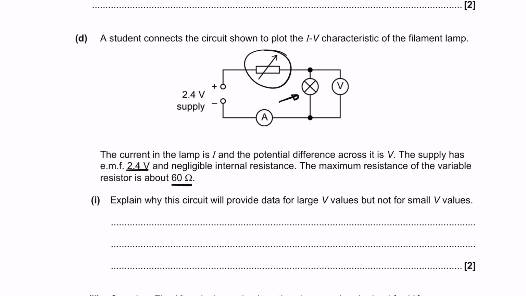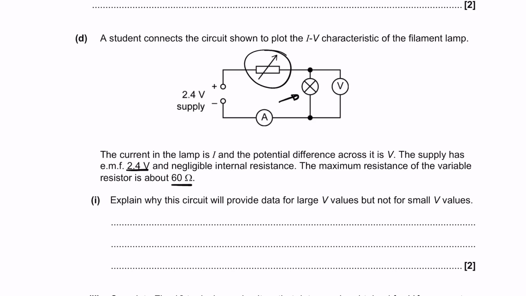However, you are only going to be able to increase the variable resistor reading from here, from 0 to a maximum. So now the potential difference across the lamp is going to be the remainder of what the variable resistor has, so it would be a very, very arbitrarily small value.